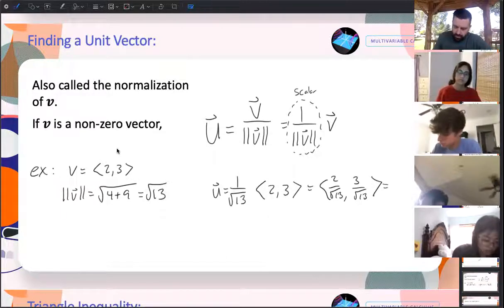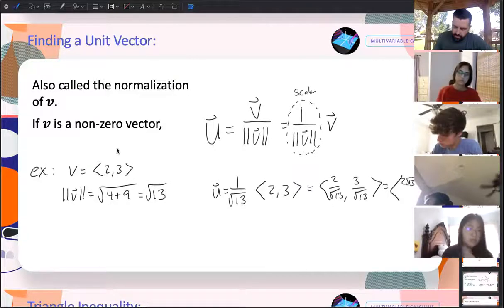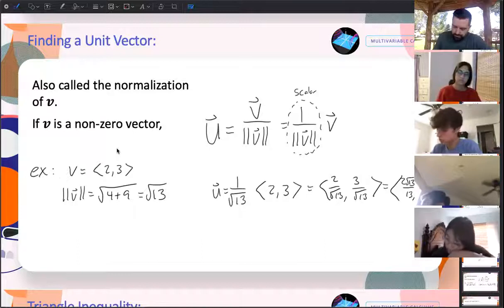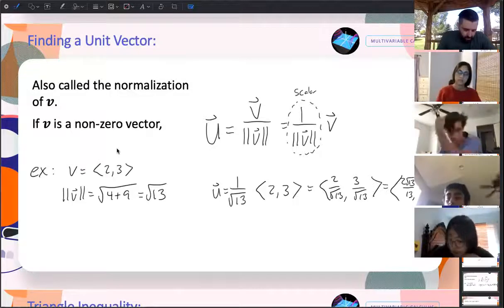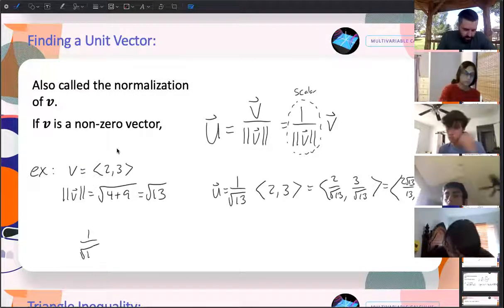Or if you wanted to rationalize the denominators, 2 square root of 13 over 13 and 3 square root of 13 over 13. You don't have to rationalize. I've never been in a college class where they made you rationalize the denominator. But don't leave something like 1 over square root of 16 times 4, 8.